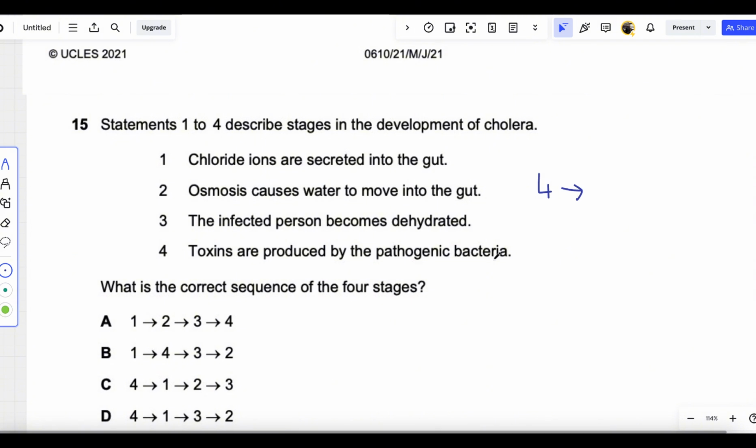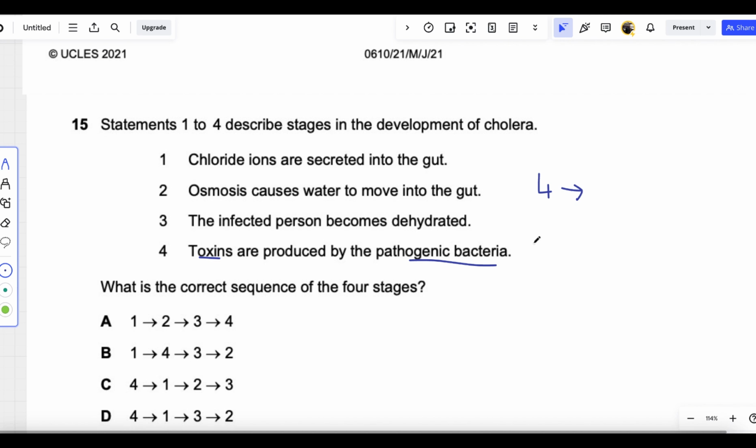Let's say, for example, there's a water outbreak, a dam breaks down and it overflows into a city, and the feces flow along with it, and then people there may be affected with cholera. The first thing that will happen is that the toxins are produced from the bacteria. Bacteria will be all over the place.